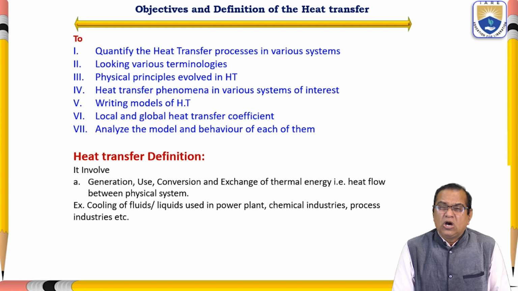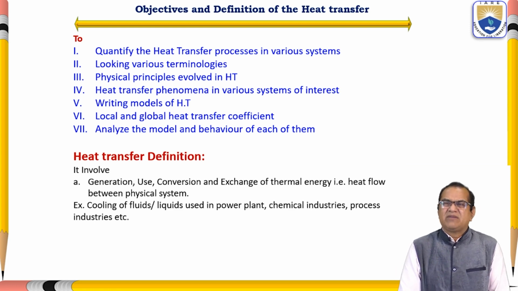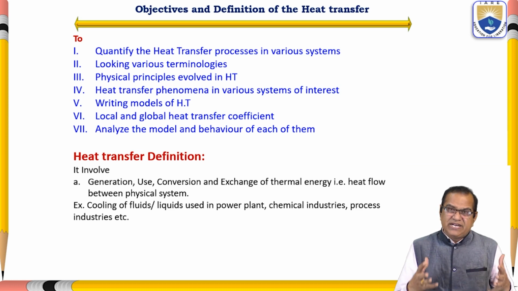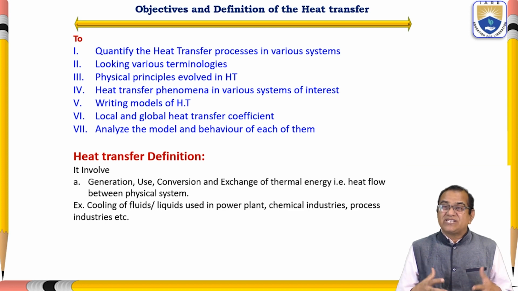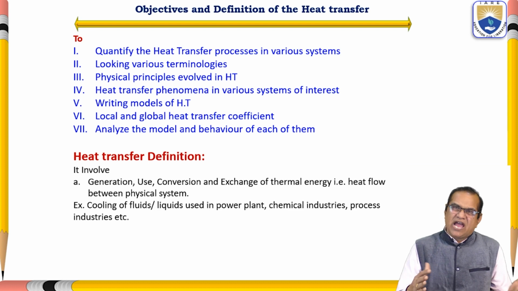For example, it is cooling of the fluids, liquids used in power plants, chemical industries, process industries and so on. So heat transfer means generation, use, conversion and exchange of thermal energy from low to high or high to low.